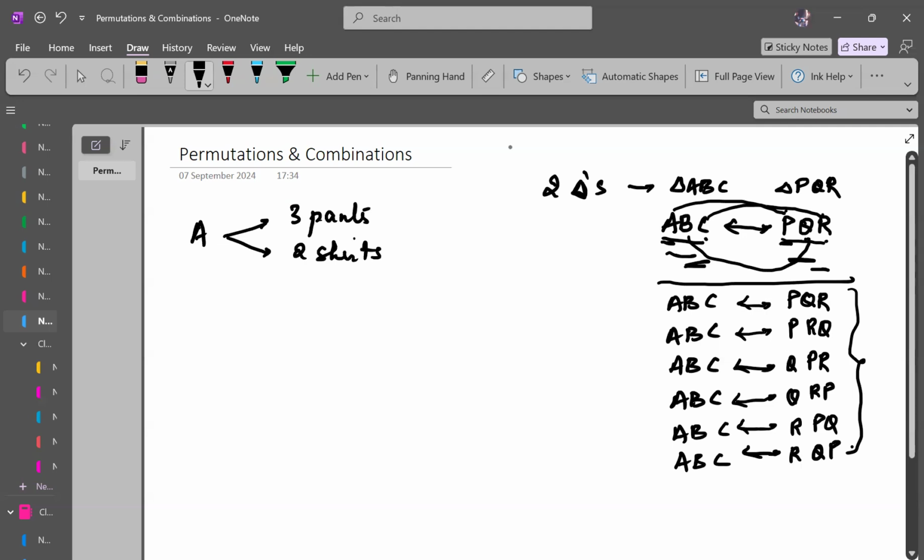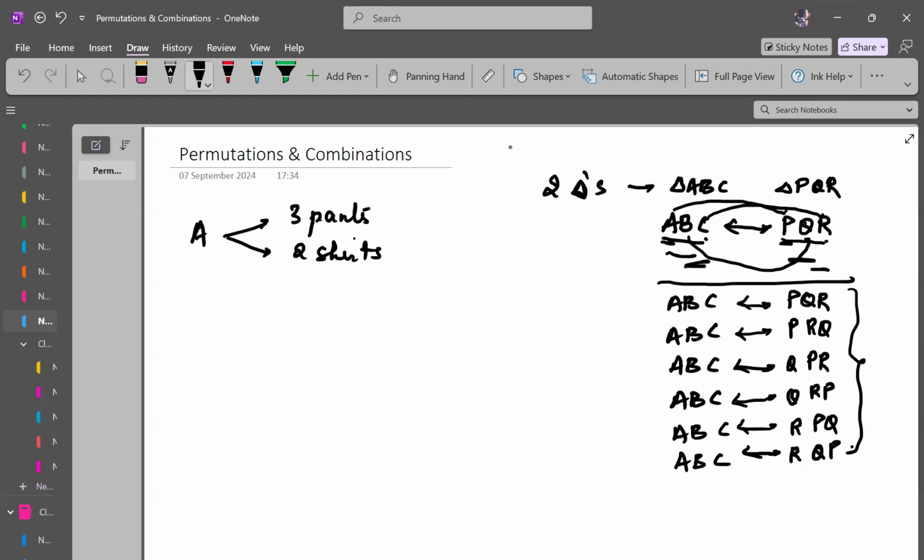Now we are trying to understand how many different pairs of pants and a shirt he can dress up with. At any given point of time, he takes one pant and a shirt. What are the different possible combinations he can try in that case? I know you know the answer, but what should be the procedure to do it?